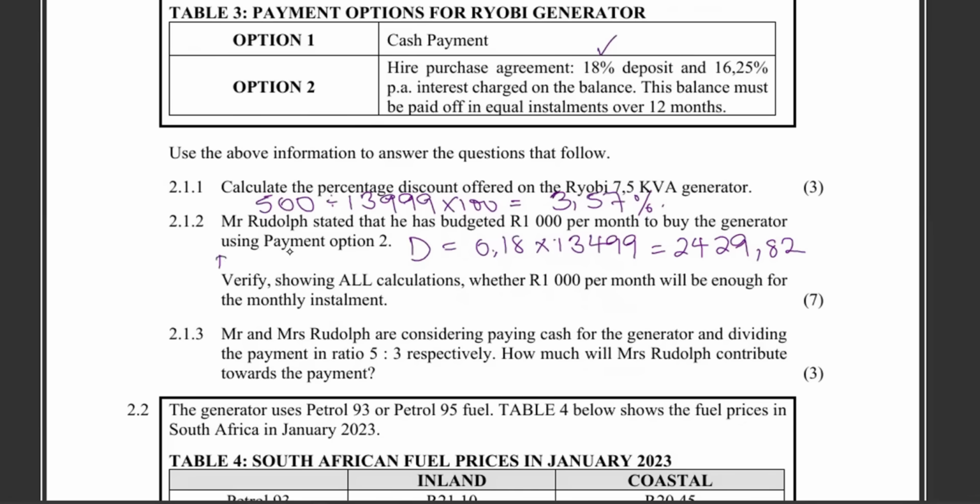So the balance is going to be the cash money, which is 13,499, minus the deposit of 2,429 rand 82. So what is the balance? And the balance is 11,069.18 cents. This is the balance.